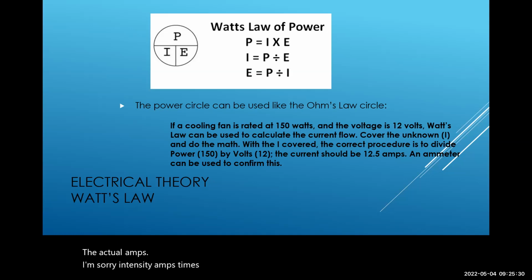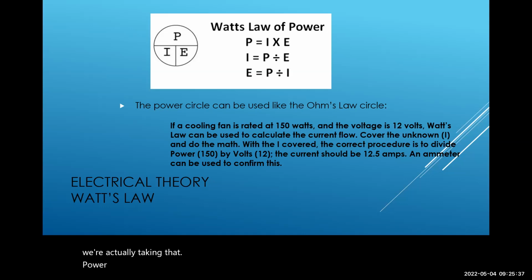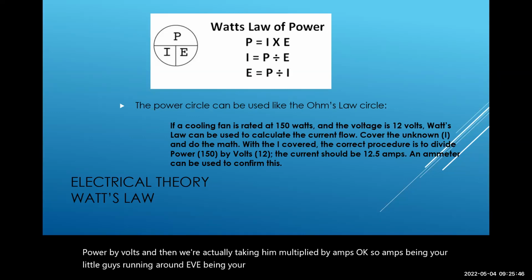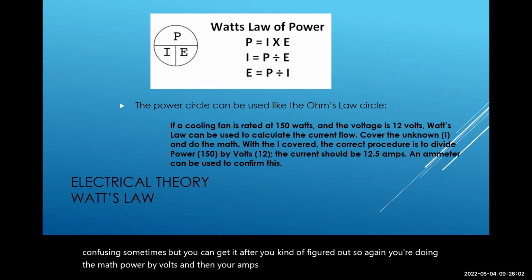Ohms, I was getting off base there a little bit, but we're taking the power, volts, and then multiplying them by amps. Amps being your little guys running around, E being your actual voltage that you have. It gets a little confusing sometimes, but you can get it after you figure it out. So again, you're doing the math, power, volts, and then what you have in amps.